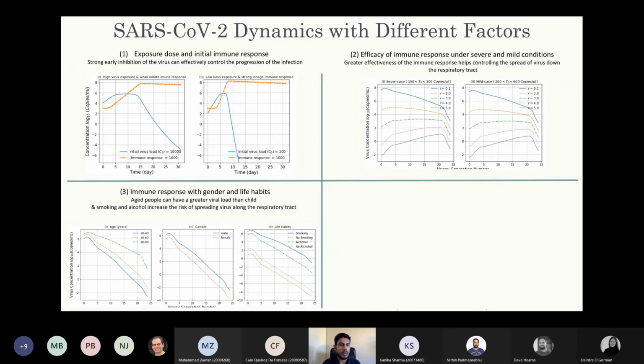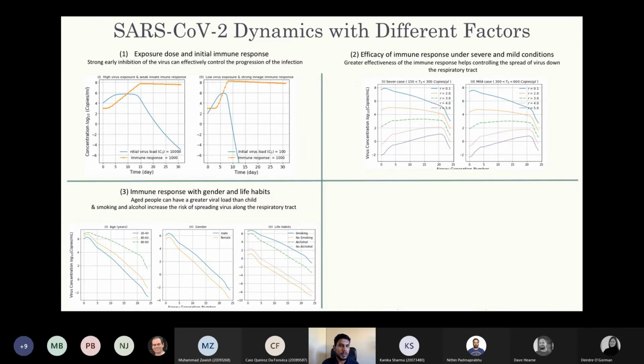To give you an idea about that, the third graph shows how age, gender, and different life habits impact the viral dynamics. In the first graph, the model predicts that older people can have a high virus load compared to young people, and the model validates the experimental outcome already given by health experts.